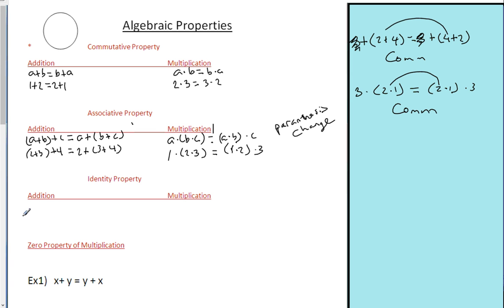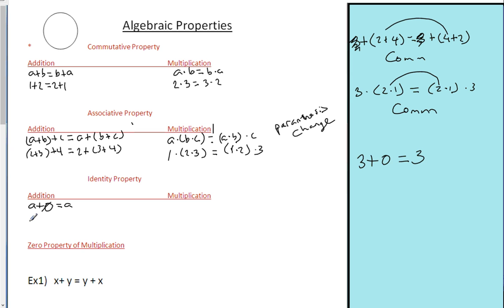All right, identity property. The identity property is talking about what can you do to a number, what can you add to a number to not change it. So, what can I add to 3 to make it still equal to 3? Well, obviously 0. Yeah? That's the identity property. A number plus 0 is equal to the number.